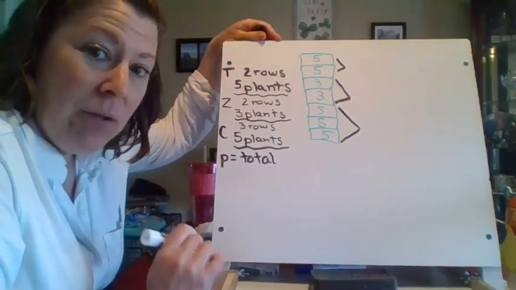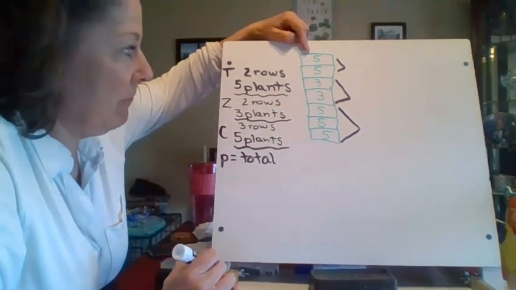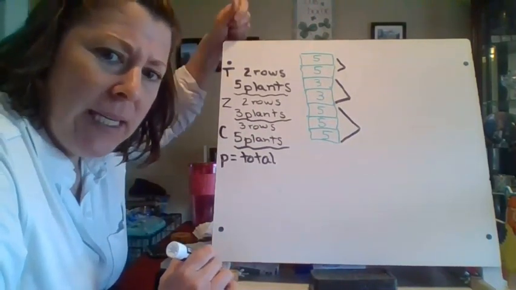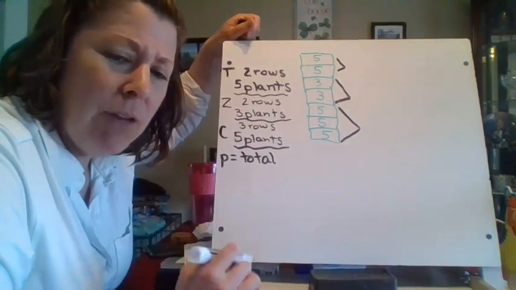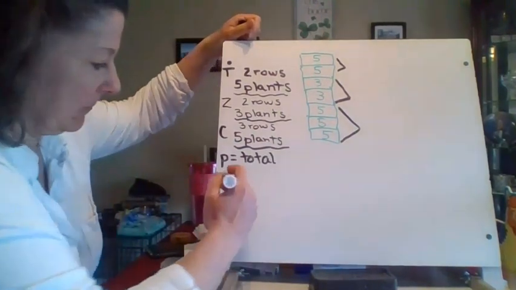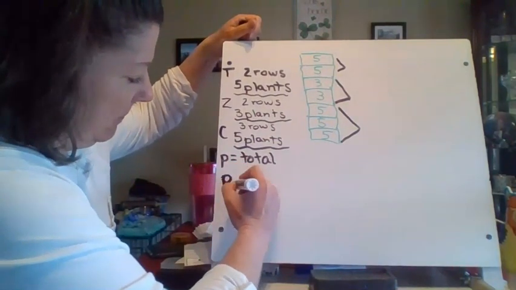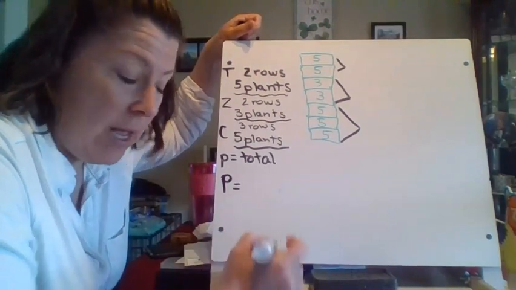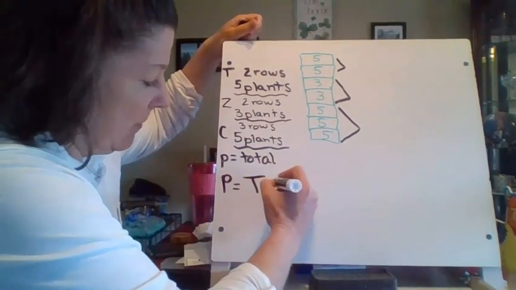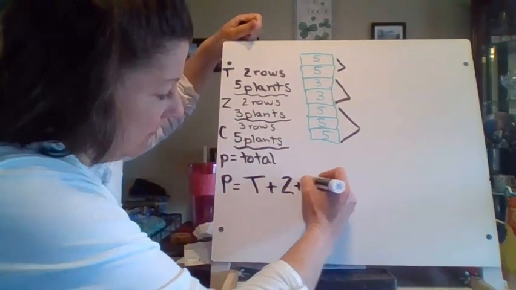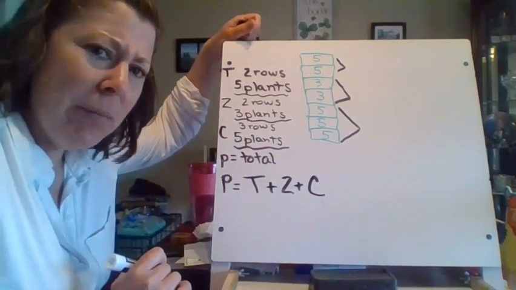And what I want you to notice is that for my tomato, I have 2 5s. For my zucchini, I have 2 3s. And for my cucumber, I have 3 5s. For my total, I have to total up the tomato plus the zucchini plus the cucumber.